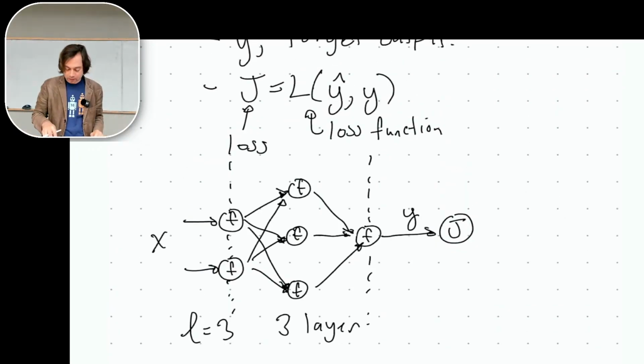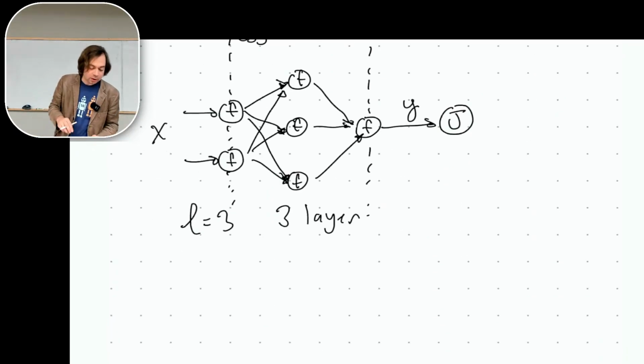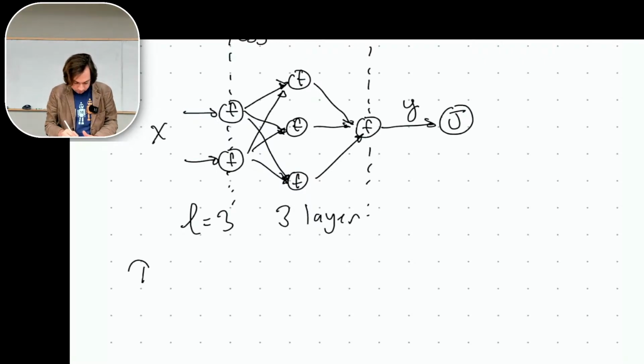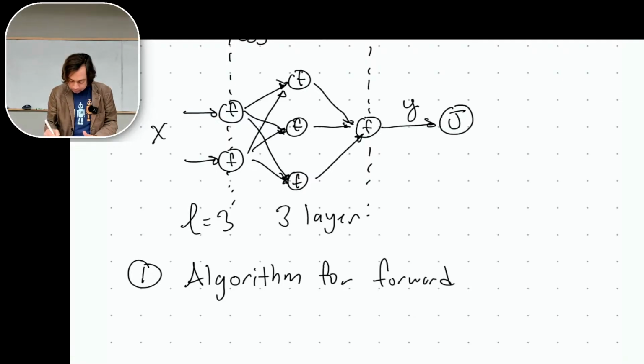All right. So Goodfellow and many other people have laid out a very clear algorithm for first forward propagation. We first have to propagate forward, store all those values in the middle, which we will then use when we propagate backward to get our gradient. Okay? So, algorithm for forward propagation.